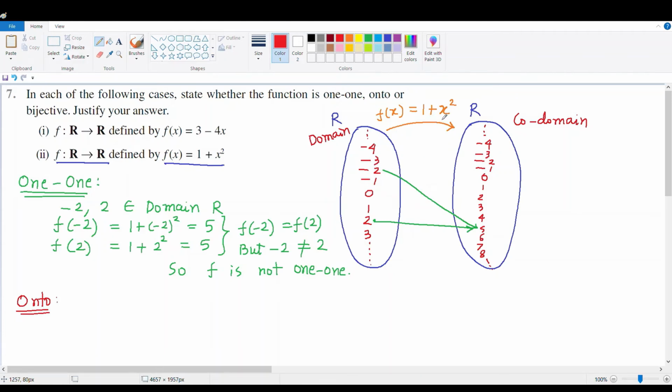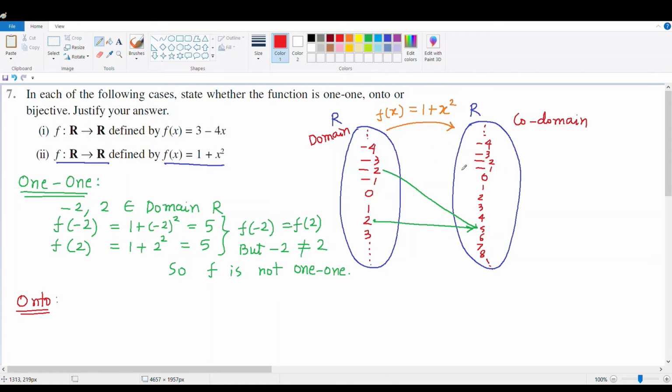Because if you do square of some number, even though you plug in a negative number, a decimal, a fraction, anything, as soon as you do square of it, that number is going to be positive, and now you are adding 1 to that. So definitely it will never be a negative number. So you cannot find a pre-image of negative 4, negative 3, negative 2, negative 3.7. None of those negative numbers will have a pre-image.